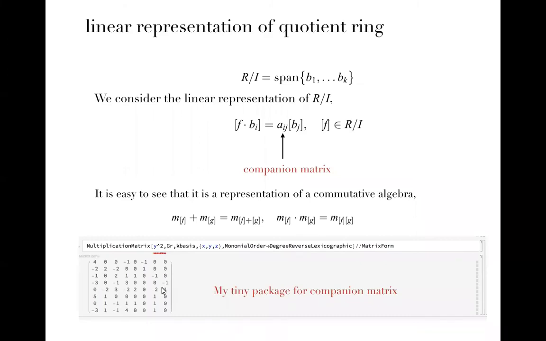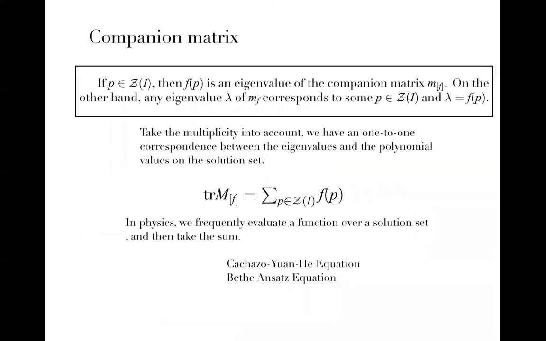Now you have this companion matrix. So what can you do with it? Basically, you can predict the solutions. Here is a theorem. Here I drop the algebra extension, which means I try to find all the solutions over C. If P is one solution and you have a polynomial F, you can calculate the companion matrix, but F(P) must be an eigenvalue of it.